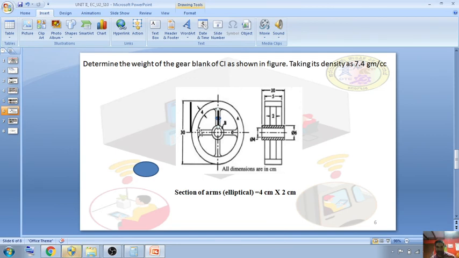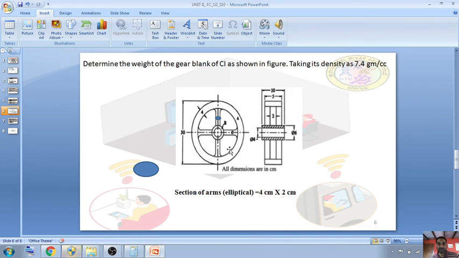So how have I calculated? Just take half of 30, that will give 15, the length from this center line to this outer edge. Now deduct this length, which is given as 4. So 15 minus 4 is 11. Now you have to deduct from here to this outer dia, that will be 6 divided by 2, which is 3.